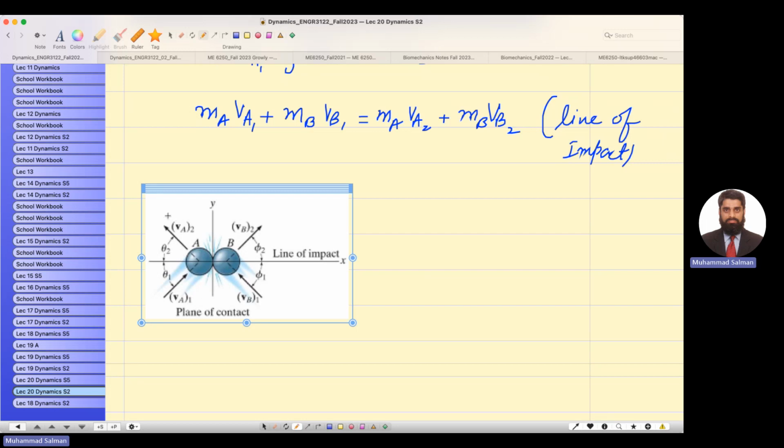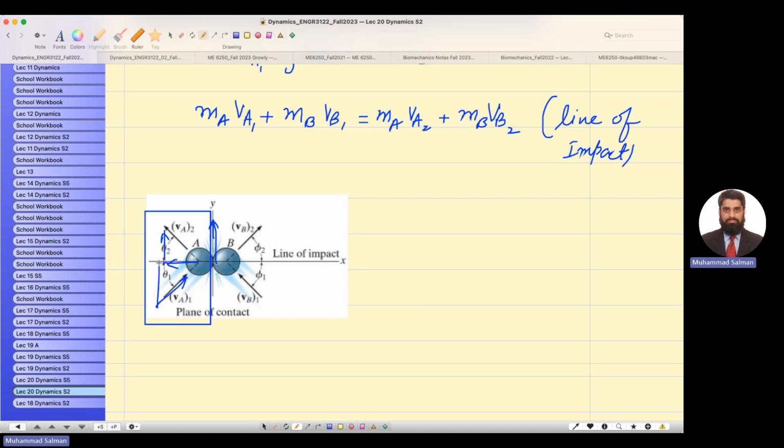Look at the left hand side, where the particle A, and after the collision, this direction has two velocity components, and this direction has two velocity components. Agreed? So you have to resolve each velocity vector along the line of impact and perpendicular to the line of impact. And I already mentioned that this is the line of impact for the momentum conservation.